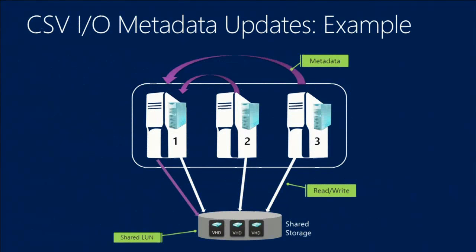So that's just an example where I have a 3-node cluster. For the cluster shared volume, the file is accessible on all 3 nodes. All 3 nodes have disk access, and only the lightweight metadata is sent to node 1 in this case. But the I/O happens locally.